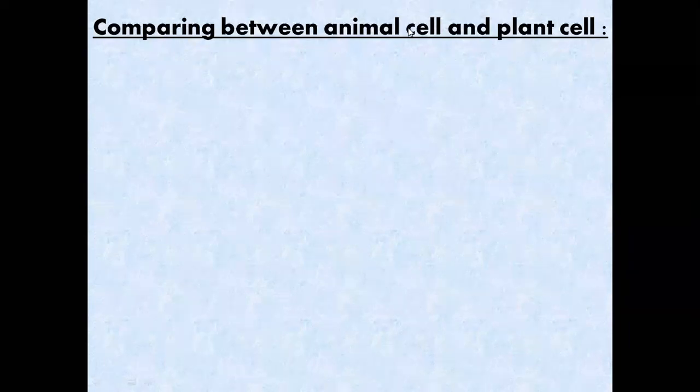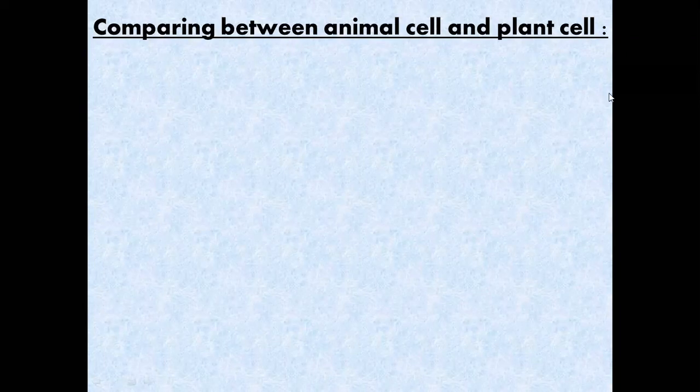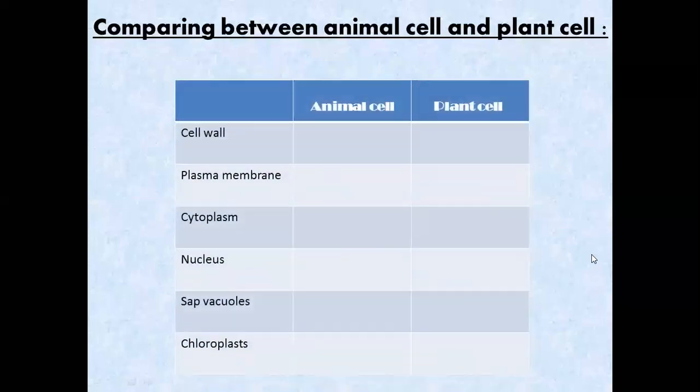No. Okay. Now I want you to answer with me the comparison between the animal cell and the plant cell, all of you. This is the table that we will use to compare the animal cell and the plant cell according to the cell wall, plasma membrane, cytoplasm, nucleus, sap vacuoles, and chloroplasts. First, we will start with the cell wall. Does the cell wall exist in the animal cell or the plant cell? Plant cell.